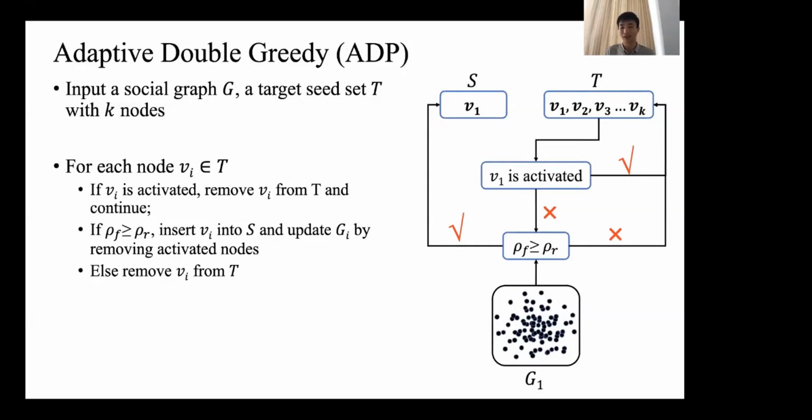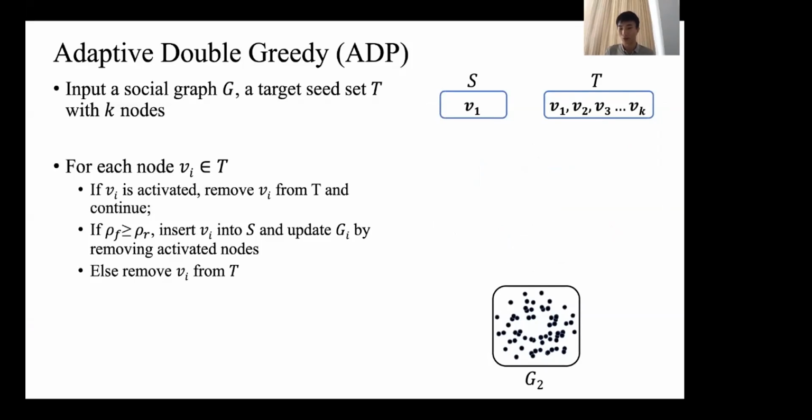In this case, some users are influenced. We then remove these nodes. We examine the next seed users. For example, we find that V2 is already activated by V1. Then we simply remove this node and continue.